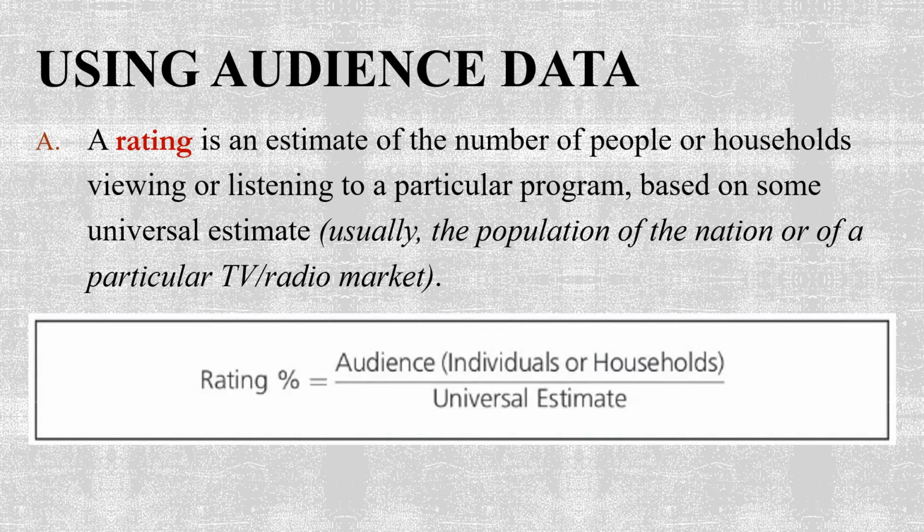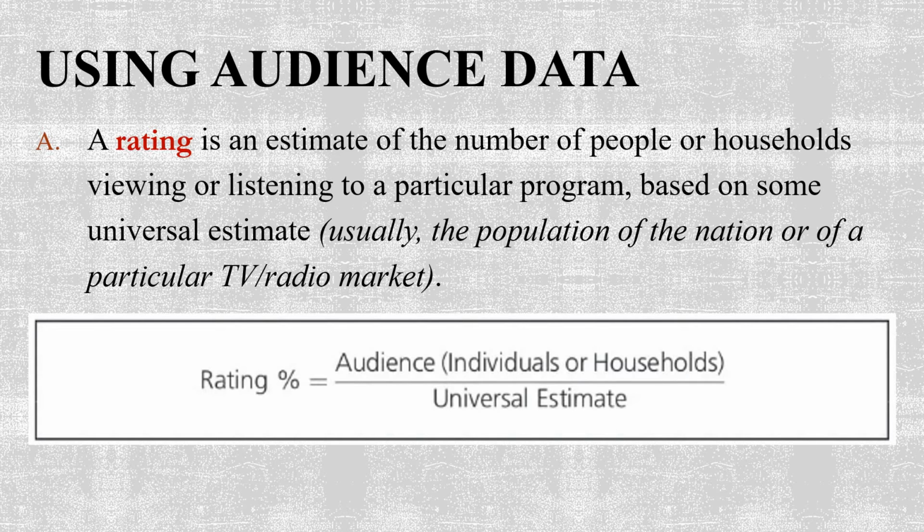Usually when we're talking about ratings, we're talking about the population of the nation or of a particular television or radio market. So it might represent U.S. population. It might represent the population of people within the Raleigh television market or the Raleigh radio market. So whatever that estimate is relative to what you're talking about, the rating numbers are a percentage of that whole.